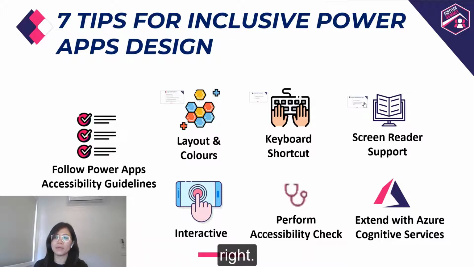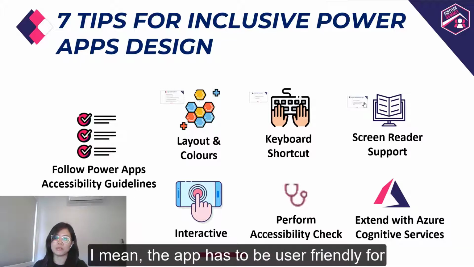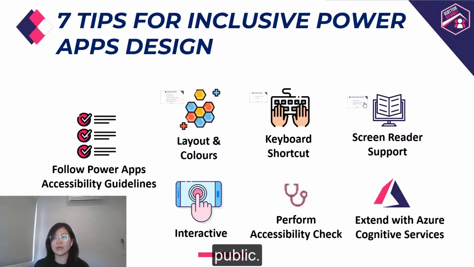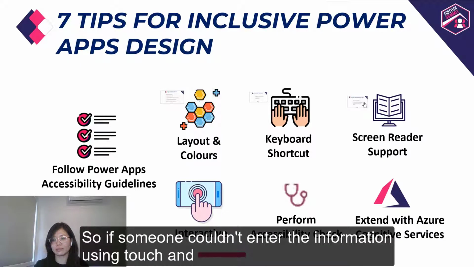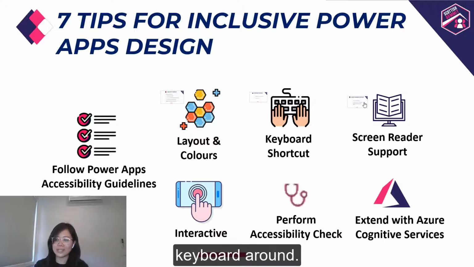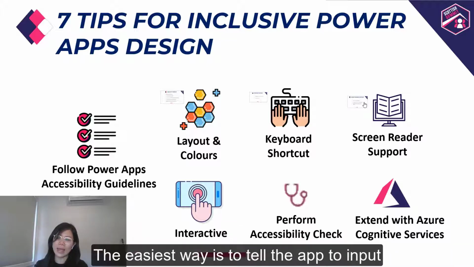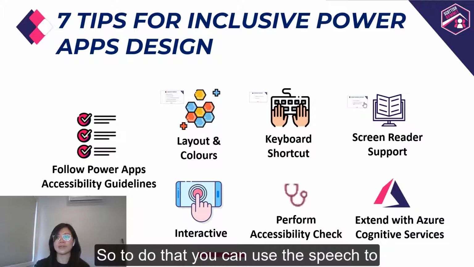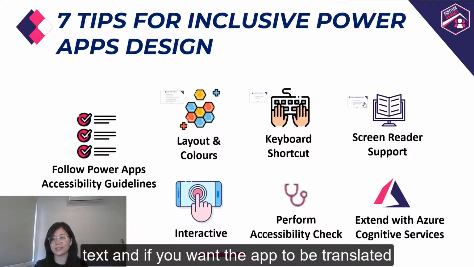The app has to be user-friendly for everyone because it has to be usable by everyone in public. If someone couldn't enter the information using touch and does not have a keyboard, because you don't carry your keyboard around, the easiest way is to tell the app to input the information. To do that, you can use speech to text.